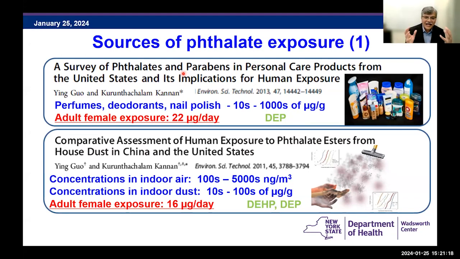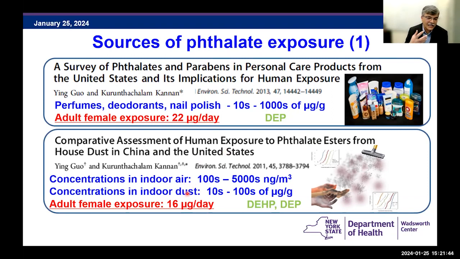So we try to make sense out of the biomonitoring data by measuring the products that contain these chemicals. We measured these phthalates in indoor air, indoor dust. We went to many salons, nail salons, hair salons, schools, playgrounds, kindergartens, homes. We measured concentrations in indoor air, indoor dust.